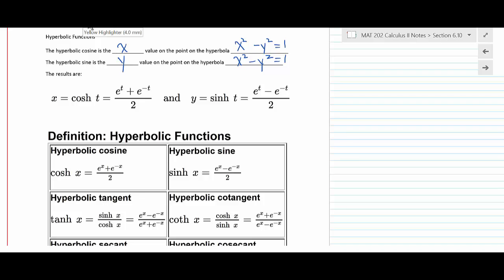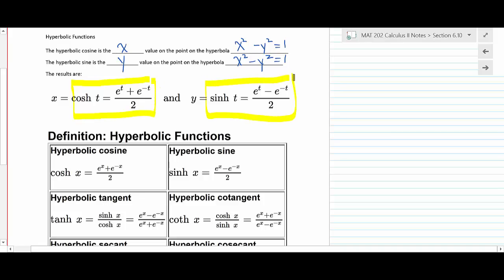Now, these things can be derived. In Calc 2, it's a little time-consuming to derive them, but if you're interested, you could look it up and see where this comes from. What you want to remember is that the hyperbolic cosine can be written in terms of the exponential e. So the cosh is e to the t plus e to the negative t over 2.